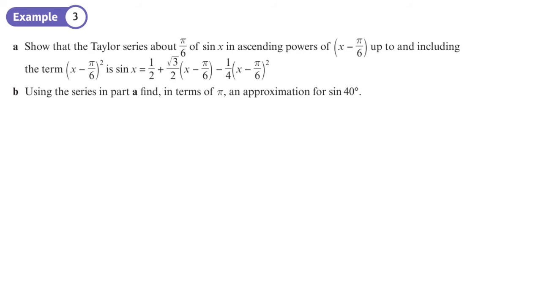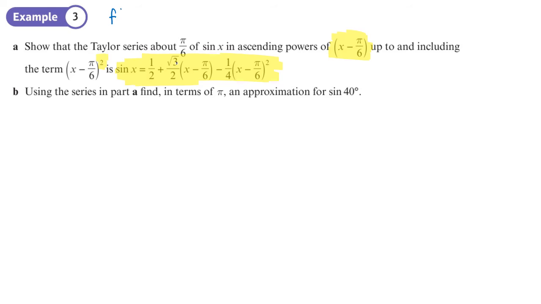Okay, show that the Taylor series about pi over 6 for sine x in ascending powers of x minus pi over 6, up to and including the term, so we only need to go up to this squared term, is given by this expression here. So here, because we want x minus a to appear in the expansion, this is where we use the first form of the Taylor series or Taylor expansion.